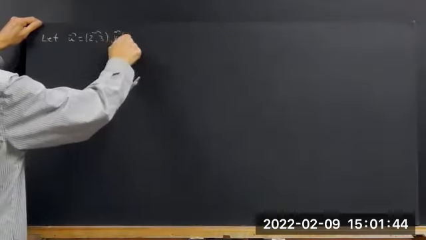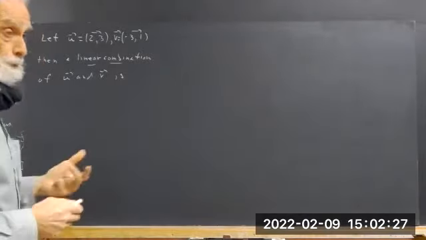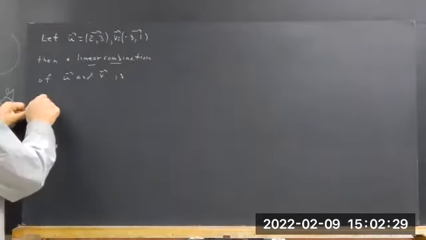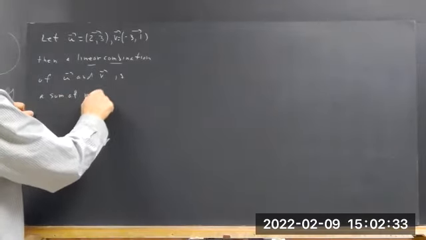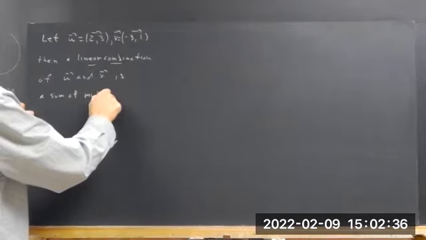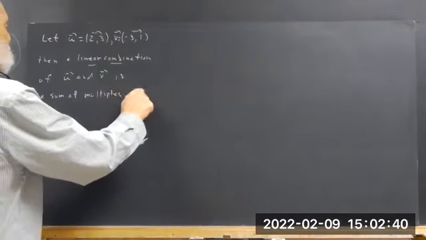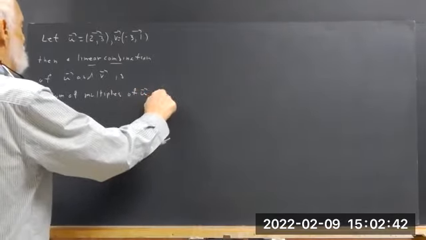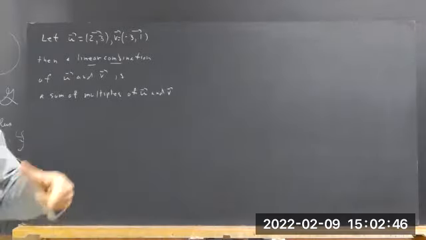And the linear combination of u and v is, I like to say what it is, and then I'll say it in symbols, a sum of multiples of u and v. Now, the only kind of multiples we know about on vectors are scalar multiples.